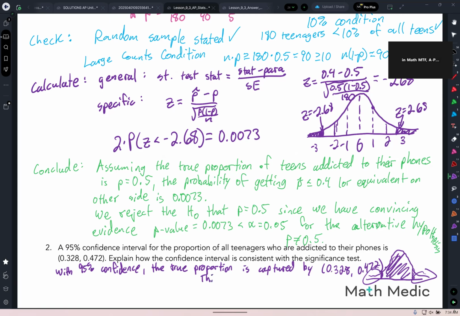This does not capture 0.5. I guess I should have moved that, I would have had more room. So there is convincing evidence p equaling 0.5 is not plausible. Remember that interval is giving us plausible values. 0.5 is still possible, but it's not plausible.